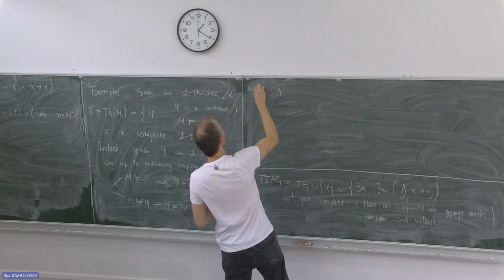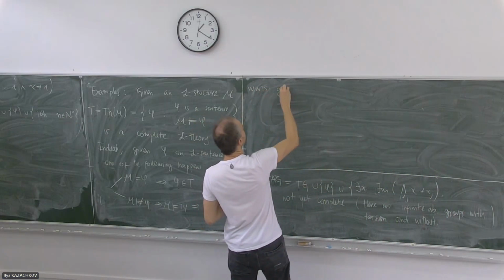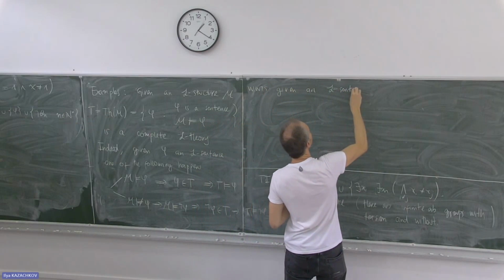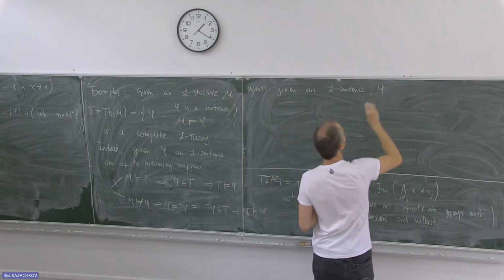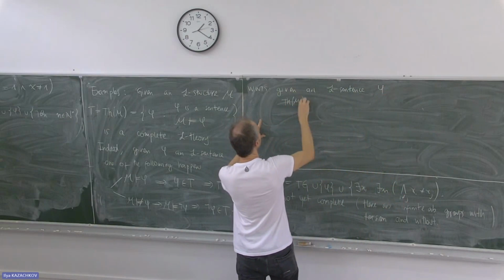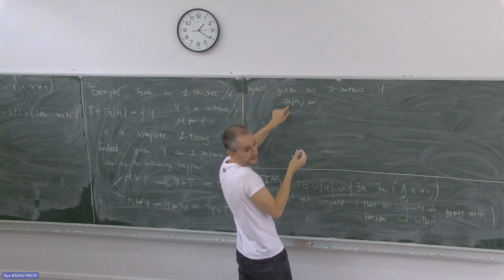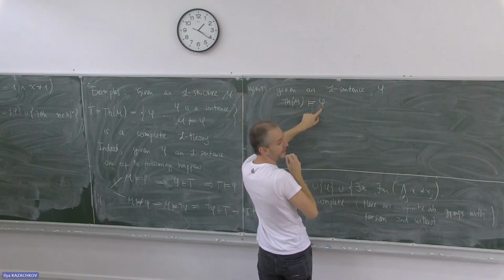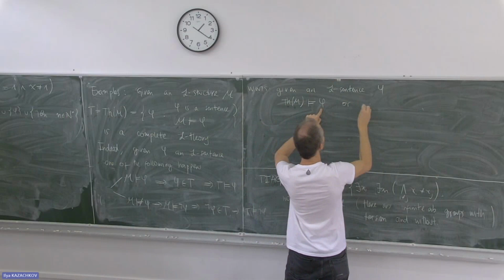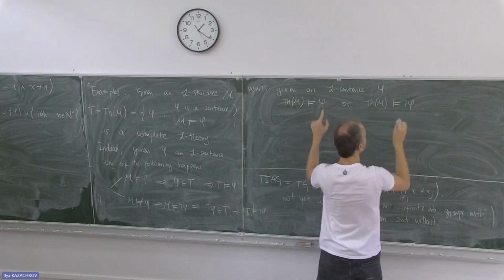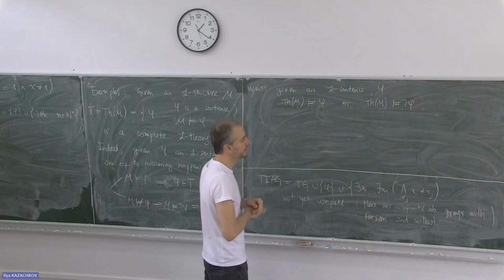What we want to show is that given an L sentence phi, the theory of M, which is my T, implies this phi, or the theory of M implies its negation.